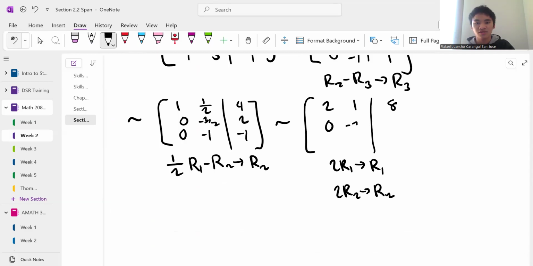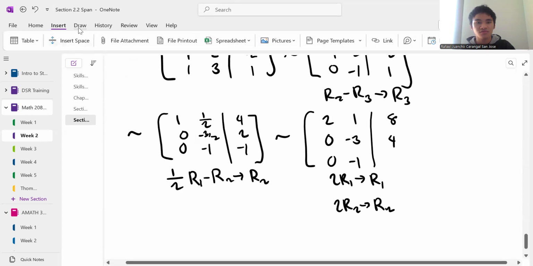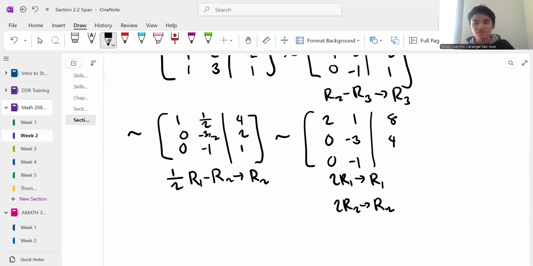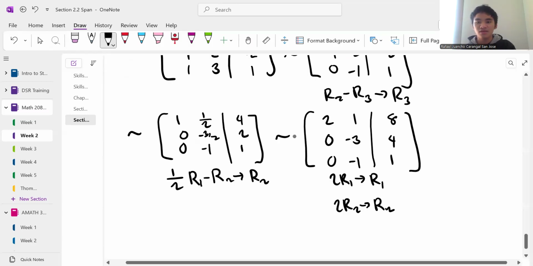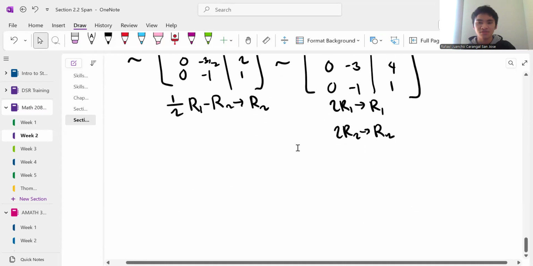This would be 0, negative 3, 4. Times 2, 4. And that's it. 0, negative 1. Oh, this is 1. 2 minus 1 is 1. Then now I can do this. So negative 3, starting to think there is a solution, but we'll see.